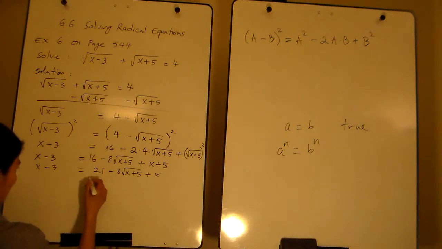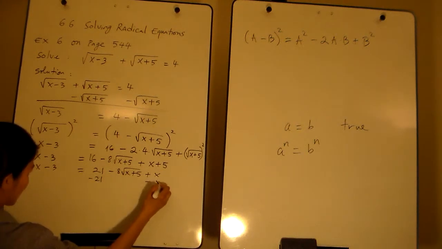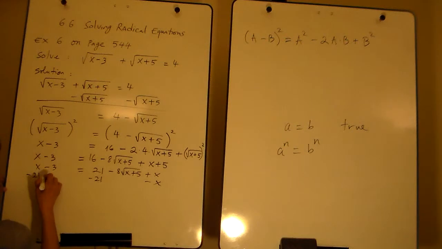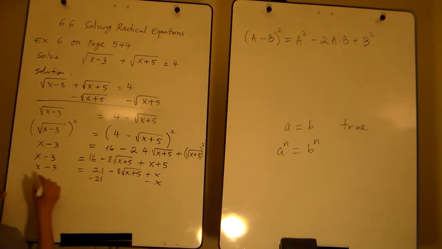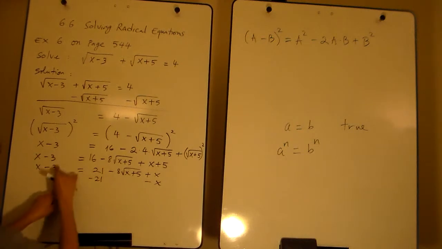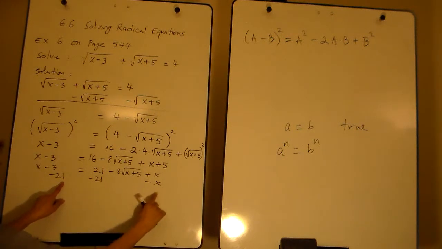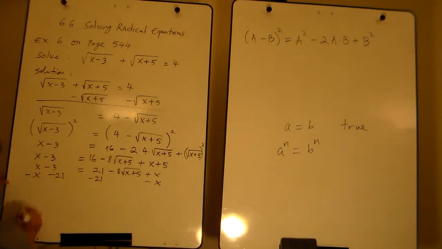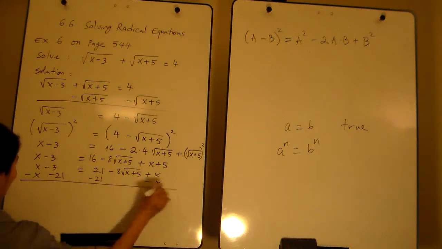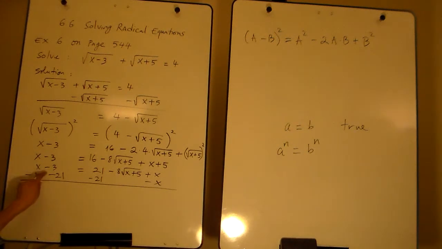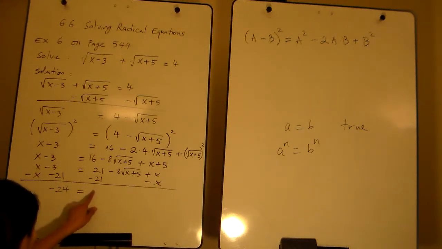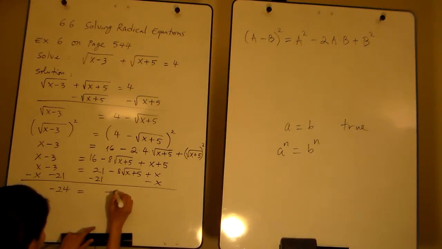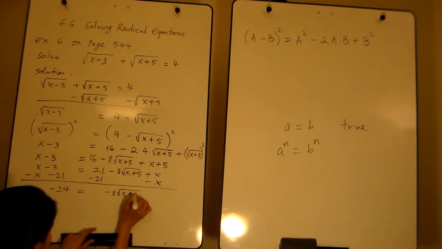Subtract 21, and then subtract x. Constants go with constants. This is 0. Negative 3 minus 21 is negative 24, and negative 1x minus x... equal to, this is 0, and this is negative 8 square root of x plus 5.